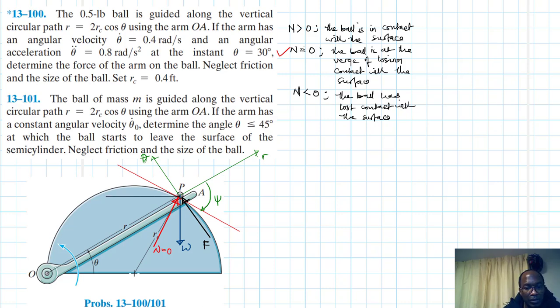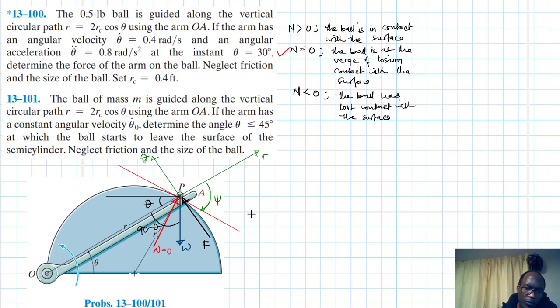This angle here is theta, and if this is theta, we expect this angle here to be 90 minus theta. Is that fine? Yes, 90 minus theta.